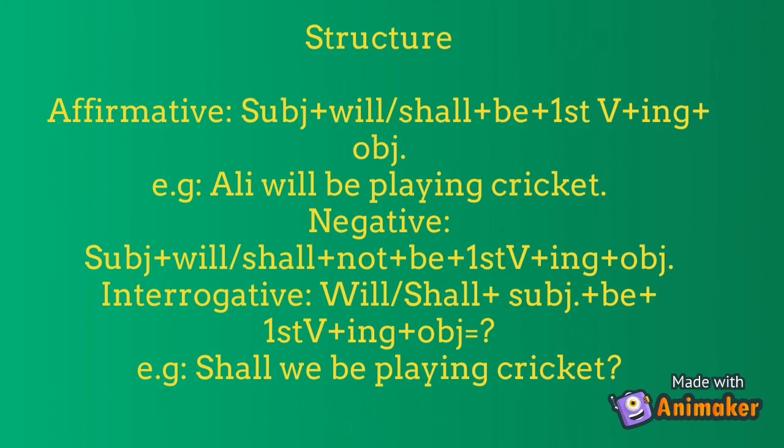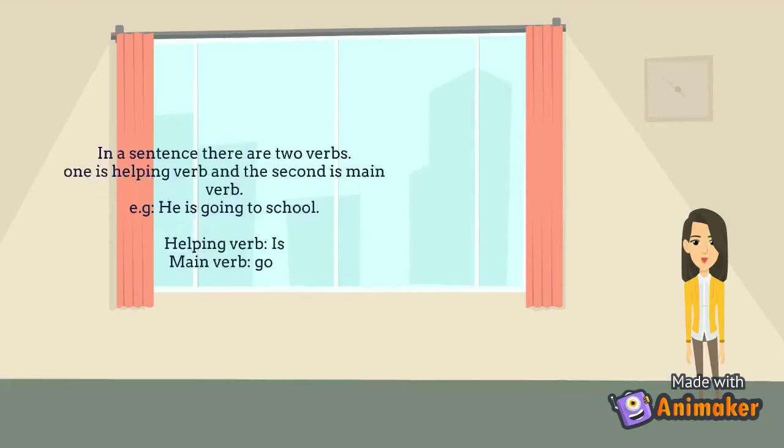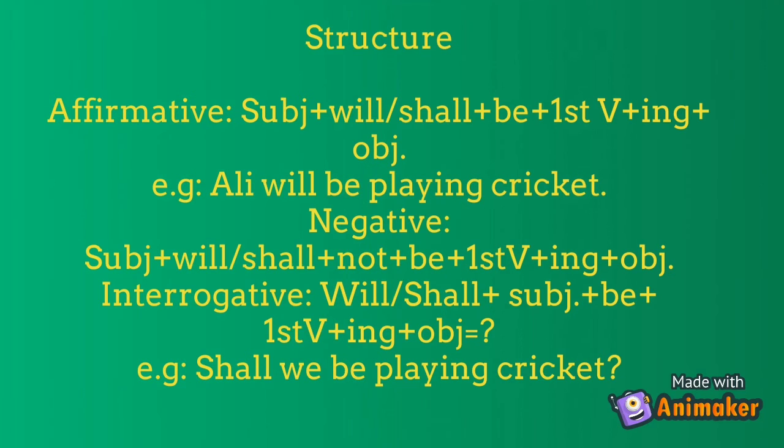Then we have negative sentences in which we write subject, then will or shall. The difference over here is that we don't write will be and shall be together. We write will or shall first, then not, and then we write be.